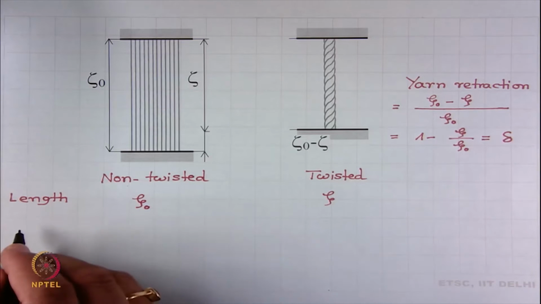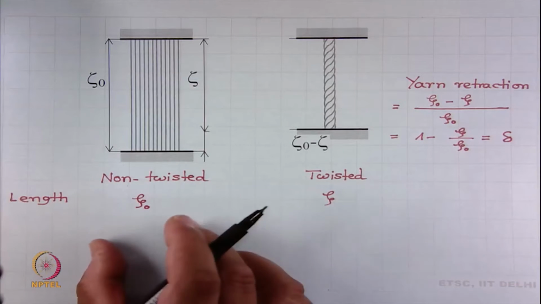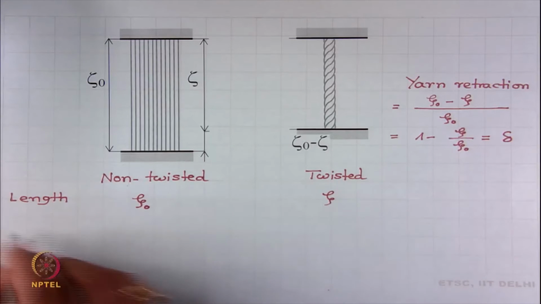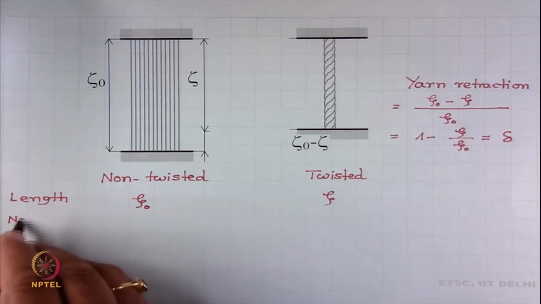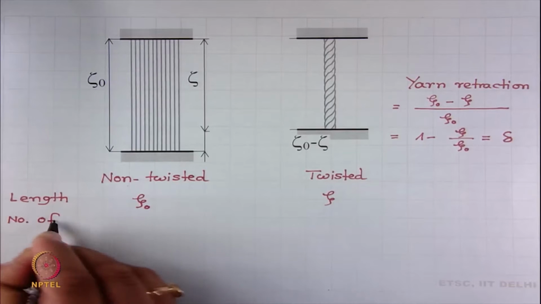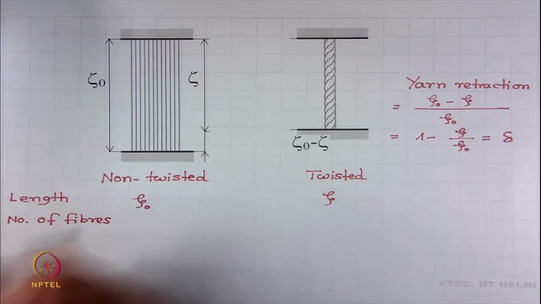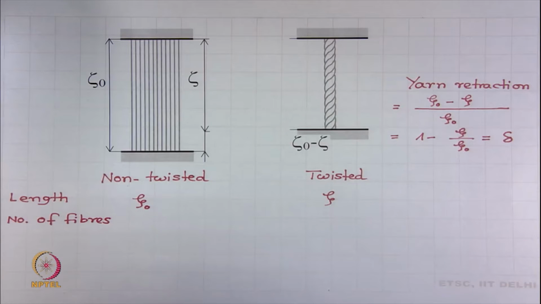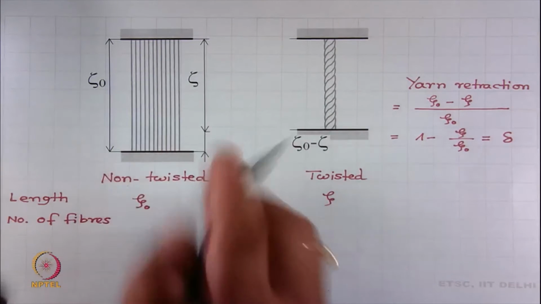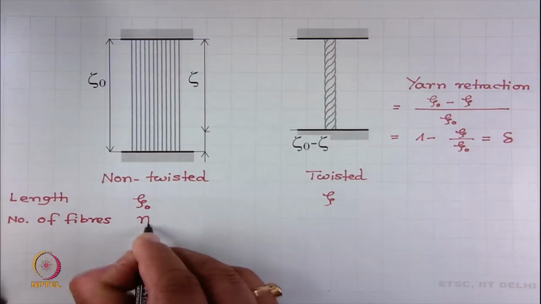Then we come back to our characteristics of the bundles. The second characteristic is the number of fibres. Suppose there are n fibres here in the non twisted bundle.